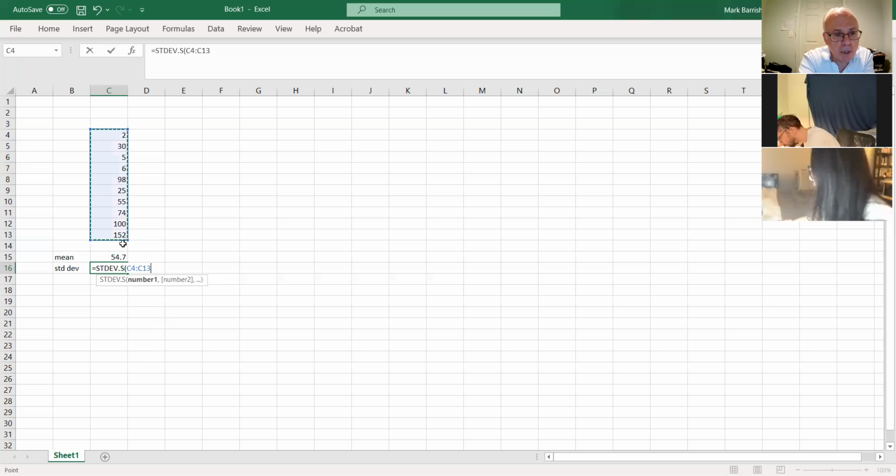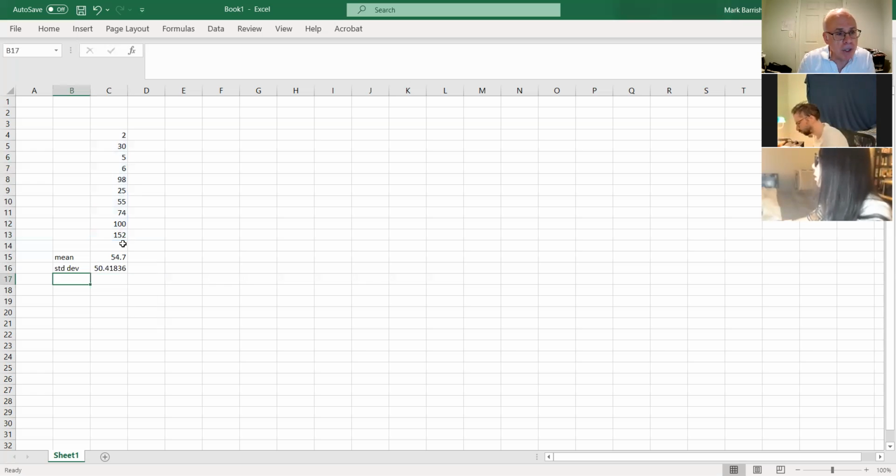And there's your sample standard deviation. Okay, that's it. And remember, the only time you're going to need to find a standard deviation from a data set is probably because it's a sample.